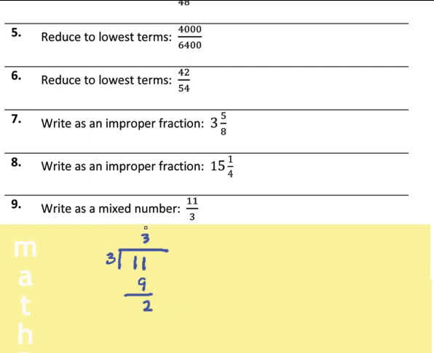So we use this number to represent the whole part of the mixed number, and the remainder will be the numerator of the fraction. So we have 3 and 2/3. That's our mixed number. Again, you just divide the denominator into the numerator to get the whole, and the remainder over the denominator is the fraction.